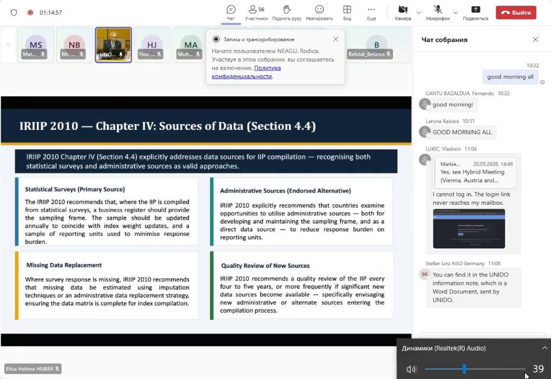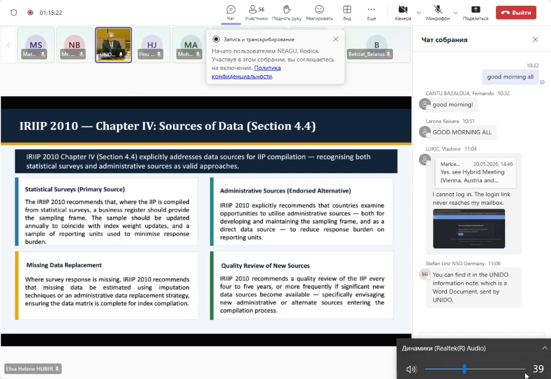As we can see in the 2010 guidelines, chapter 4, section 4.4 expressly addresses data sources for IIP compilation. It recognizes that both statistical surveys and administrative sources are valid approaches. Statistical approaches were, of course, at that point of time, primary sources, and there is no doubt that they still continue to be primary sources.